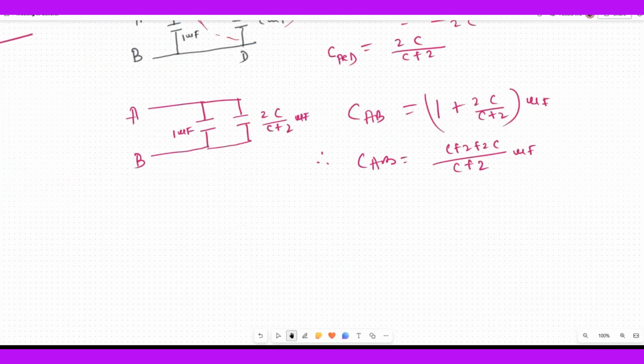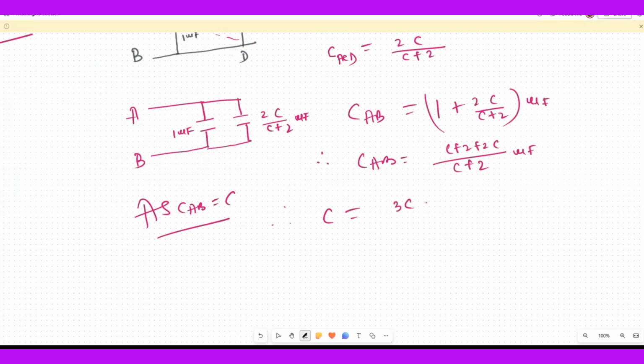Now, this CAB you have assumed C only, as CAB equals C. Therefore C equals (3C plus 2) divided by (C plus 2). C squared plus 2C equals 3C plus 2.